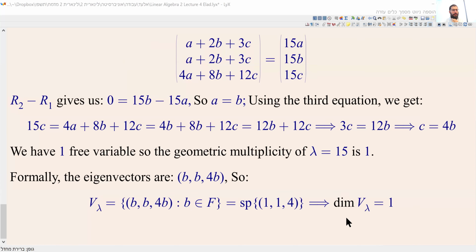These are our definitions of multiplicities, the algebraic one and the geometric one. Okay. Any questions?